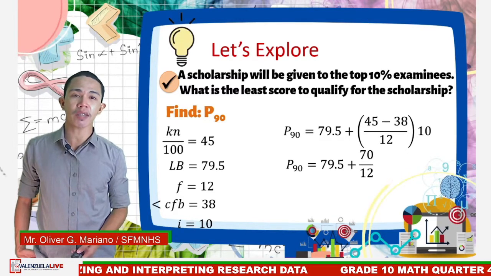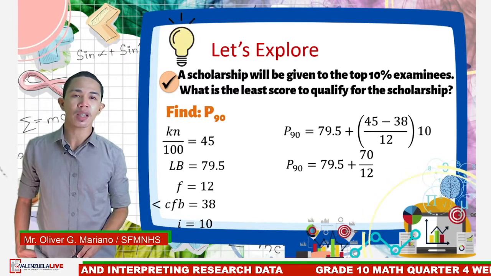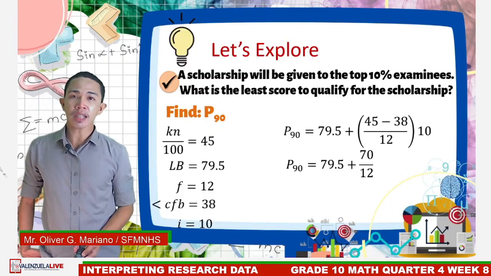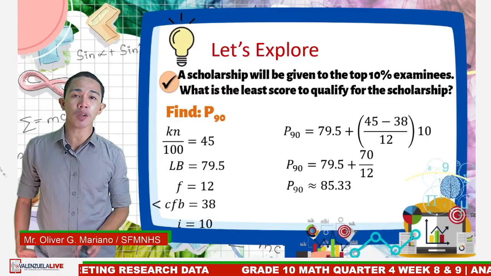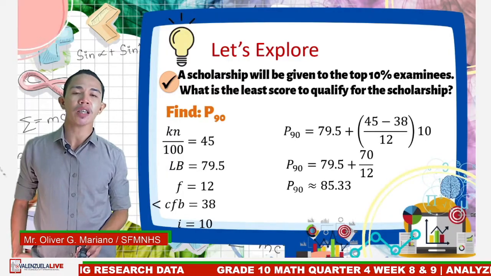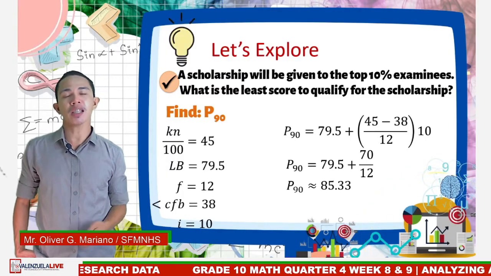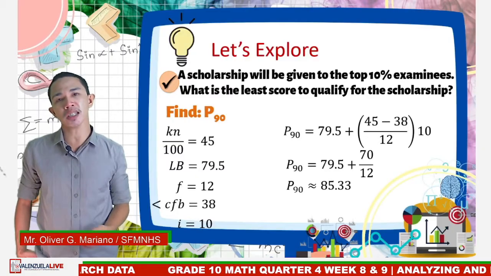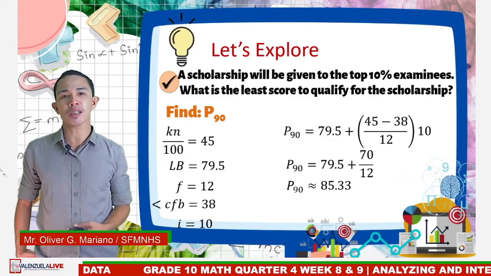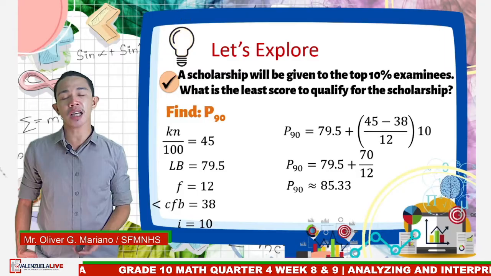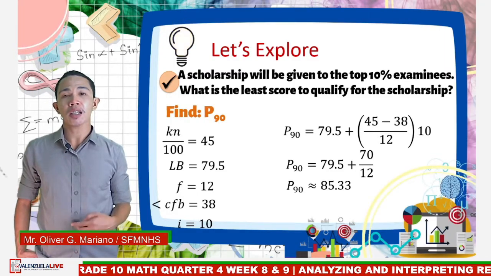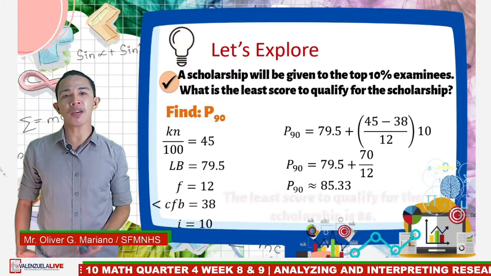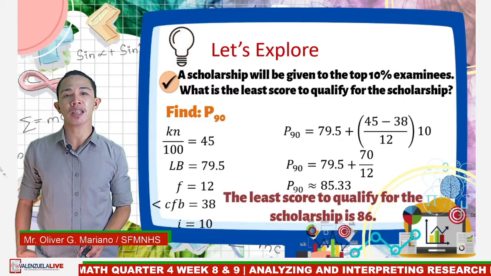So we have 70 over 12. 79.5 plus 70 over 12 gives us approximately 85.33. And again, because all the scores in the exam are whole numbers, that only means that we round this up. And so the least score that would qualify for the scholarship is 86.